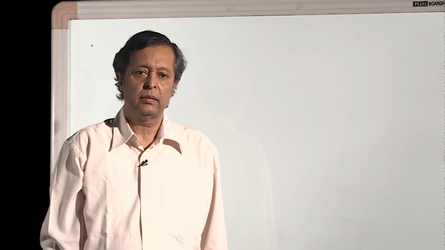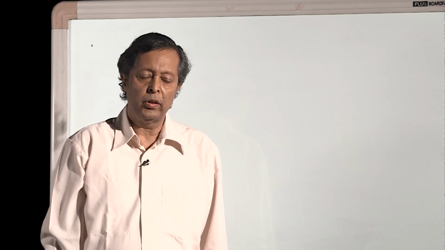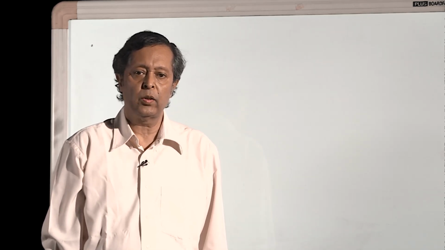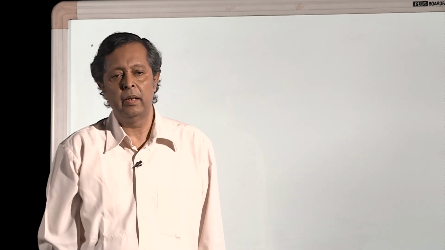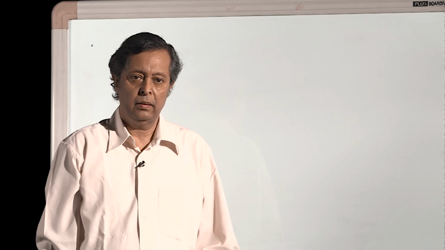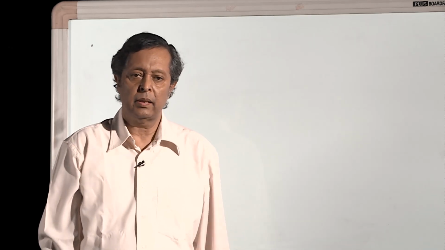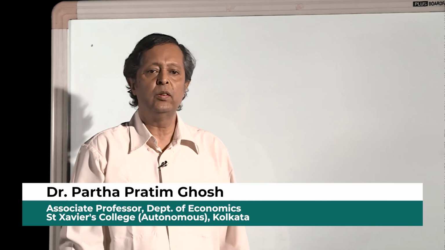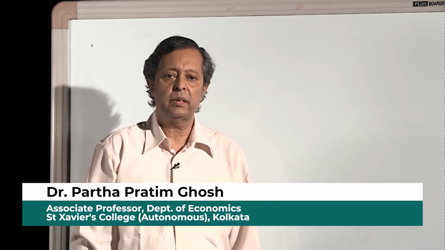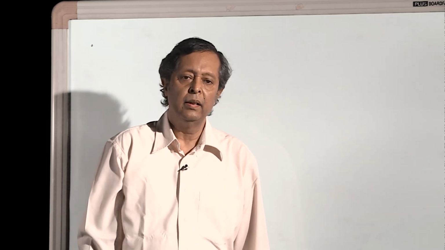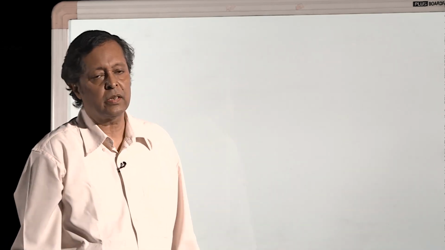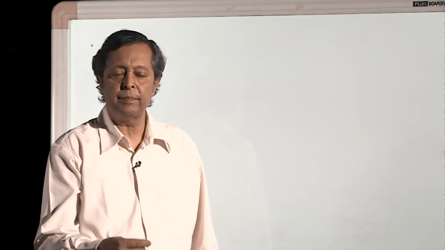Hello viewers, in this module we will take a look at heteroskedasticity part 3. In the earlier modules you have had an introduction and some fundamental concepts on heteroskedasticity. We will extend those in this part 3, and we begin with the set of tests known as the LM tests.